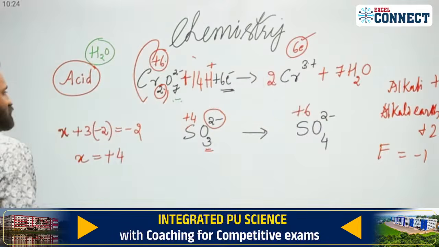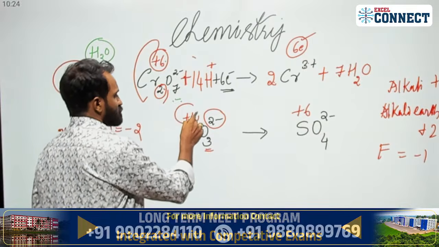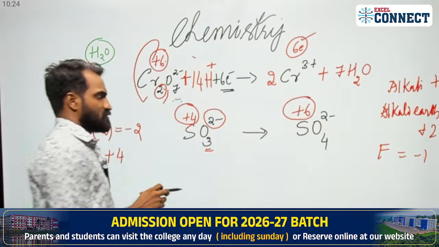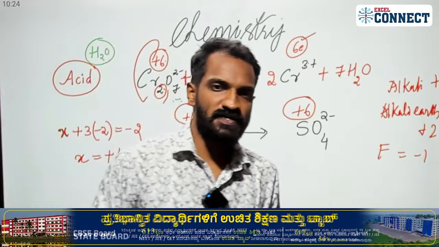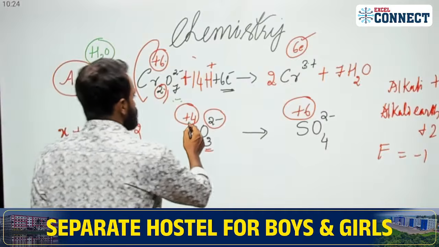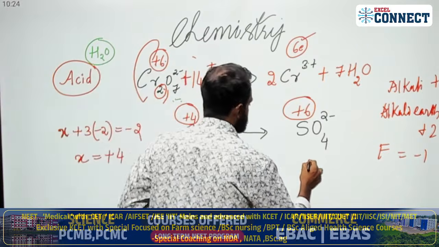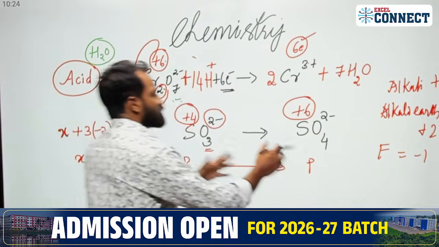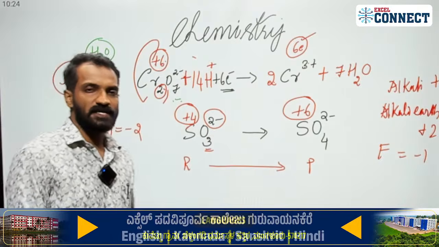See, here sulfur is at +4, and here sulfur is at +6. In terms of electrons, this is the reactant side and this is the product side. When the reaction takes place from reactant to product, it loses electrons.